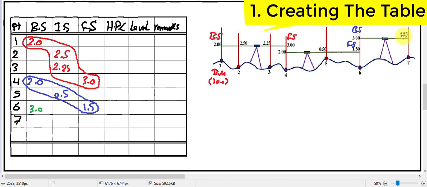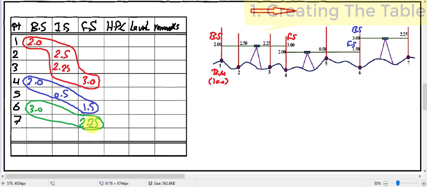Point 7 is the last point in setup 3, so the reading will be in the foresight column, 2.25, and I will determine this setup with this line. There is a very important note that any table must start with a backsight and must end with a foresight.